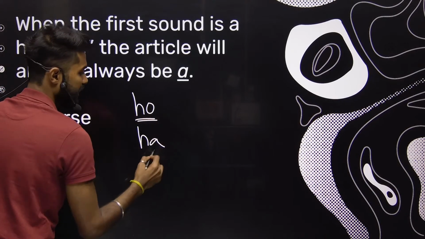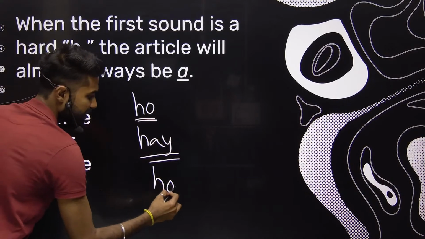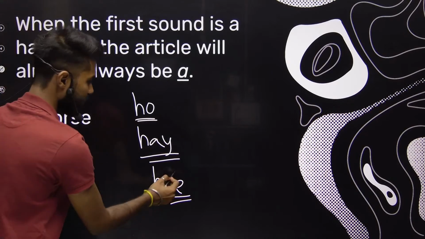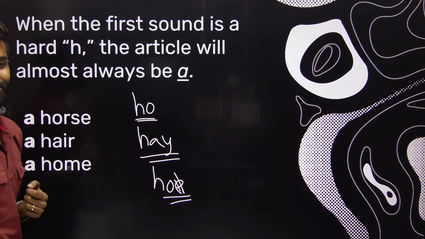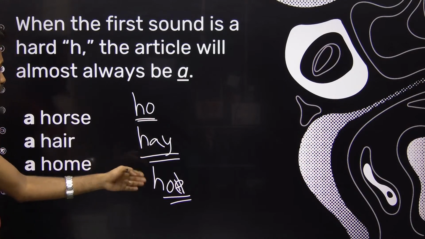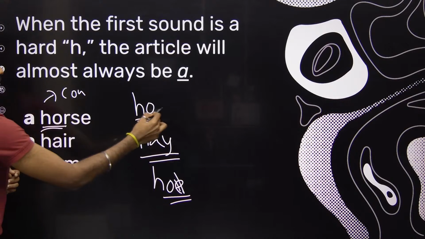Whereas most of the H words, we pronounce with the H: horse, hair, hay, home. If you find it irrelevant, just cut the E and go for it. See here, horse, home, hair, all my consonant sounds only.